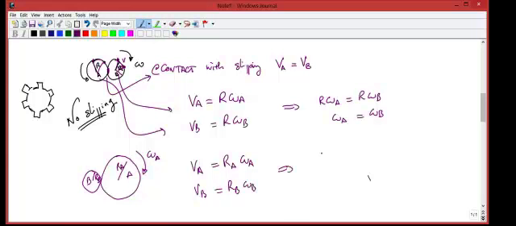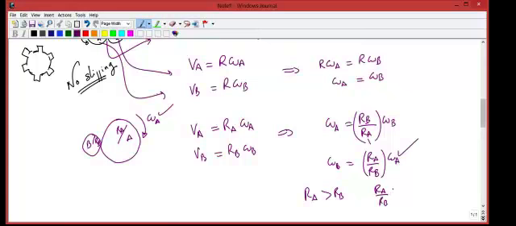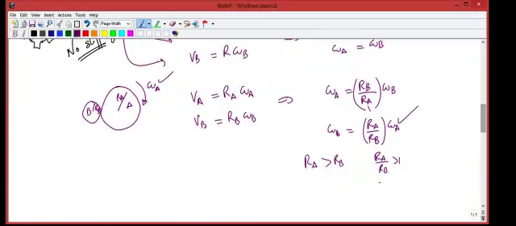As we equate the two, we now have omega A is equal to RB divided by RA times omega B. So if we set omega A, I should solve for omega B. Therefore, omega B is equal to RA over RB times omega A. So if we set omega A to a particular value and RA is bigger than RB, then obviously RA over RB is bigger than 1. Therefore, omega B is bigger than omega A.